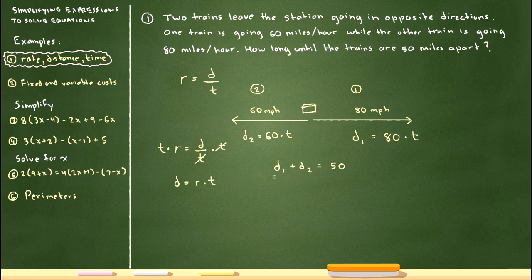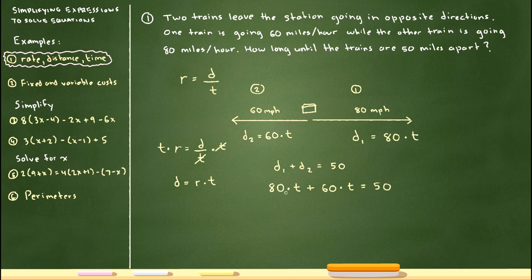Now we're going to replace d1. We know that after a certain amount of time t, the distance it went is 80 times t. So I'm making a substitution. Instead of writing d1, I'm going to write 80 times t. Then we have a plus, but instead of writing d2, I'm going to write 60 times t. I want this to equal 50 miles.